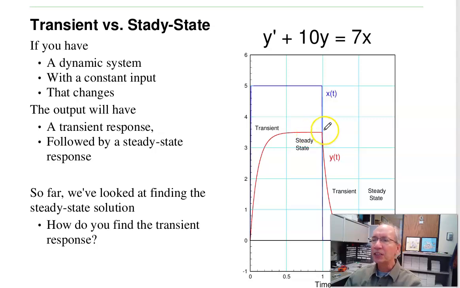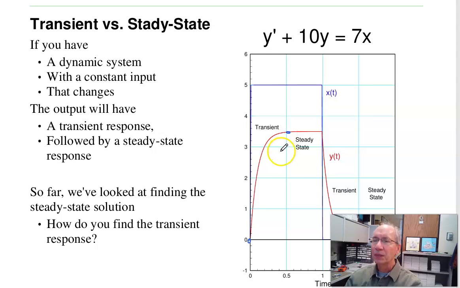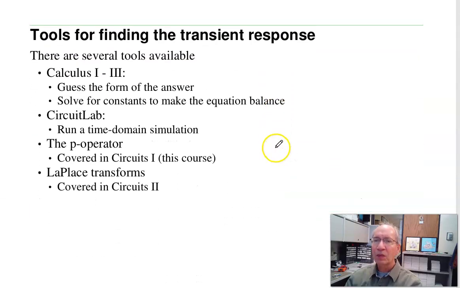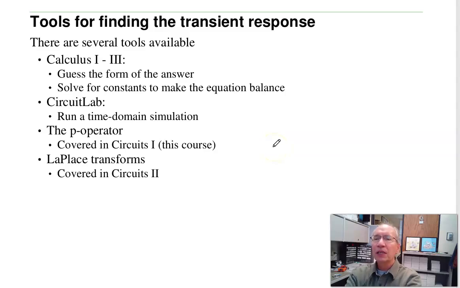So far, we've been looking at just how to find the steady state solution. That's phasor analysis. What we're going to look at now is how to get the transient solution. How do we go from state A to state B? And there's several ways to do that. In calculus, the approach you're going to use is guess the form of the answer, then solve for the constants to make the equations balance.